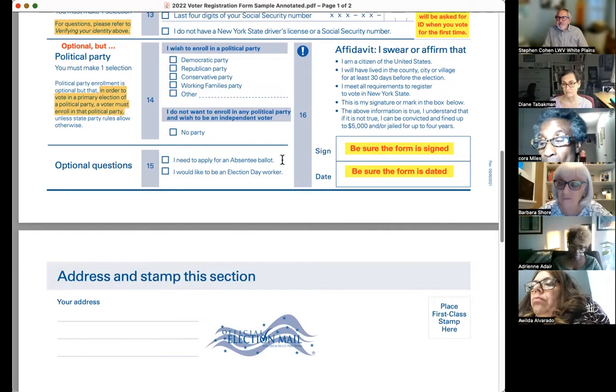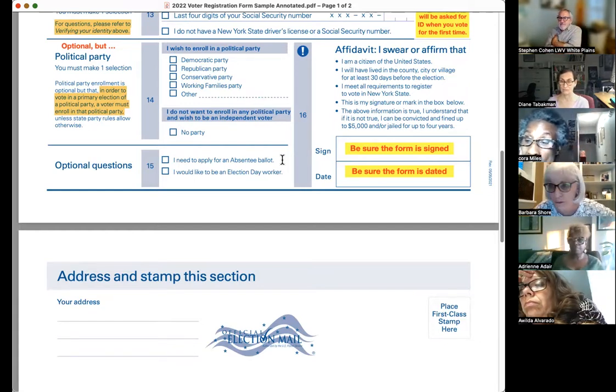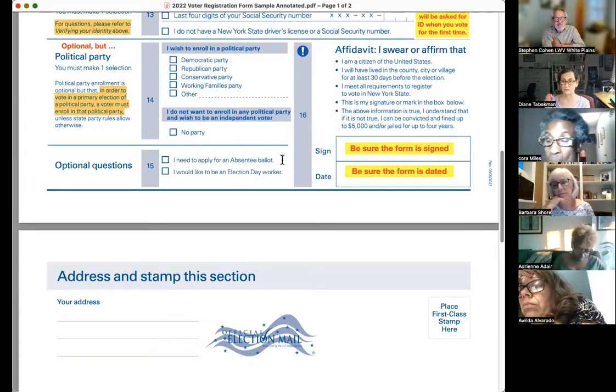And if they have your absentee ballot, that will prevail. If for some reason they don't find your absentee ballot, then they will accept it. So they won't turn you away, but it doesn't automatically supersede the absentee ballot, which is the big difference from last year. Yeah, Diane, you're on mute, but go ahead.